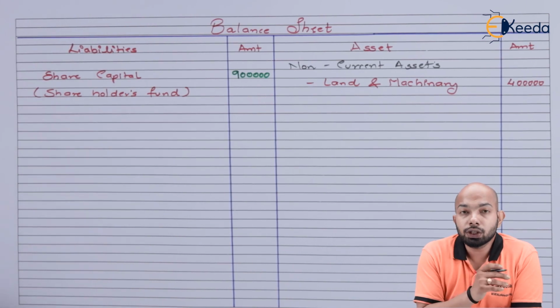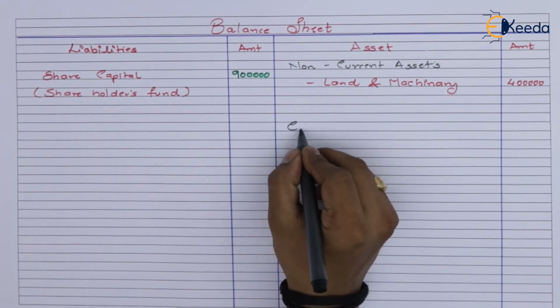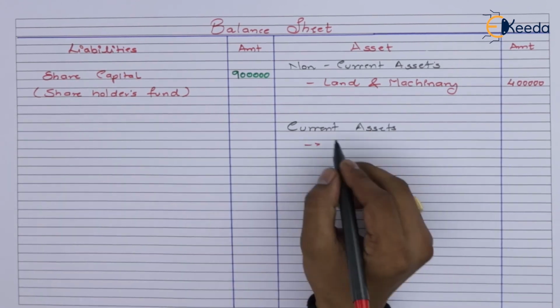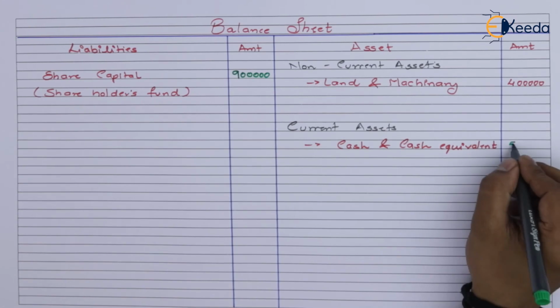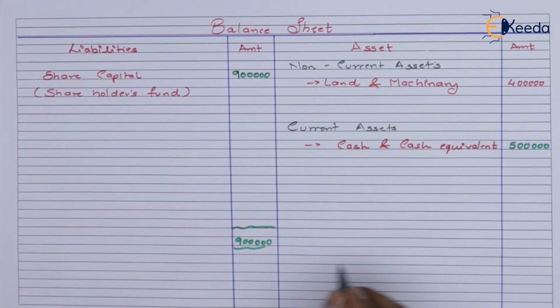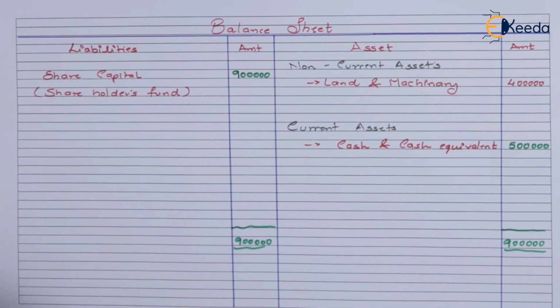The last part of this will be current assets, that is cash balance. So the total of balance that we have here is 9 lakh rupees on the liability side, 9 lakh rupees on the asset side, and here we close down the balance sheet.